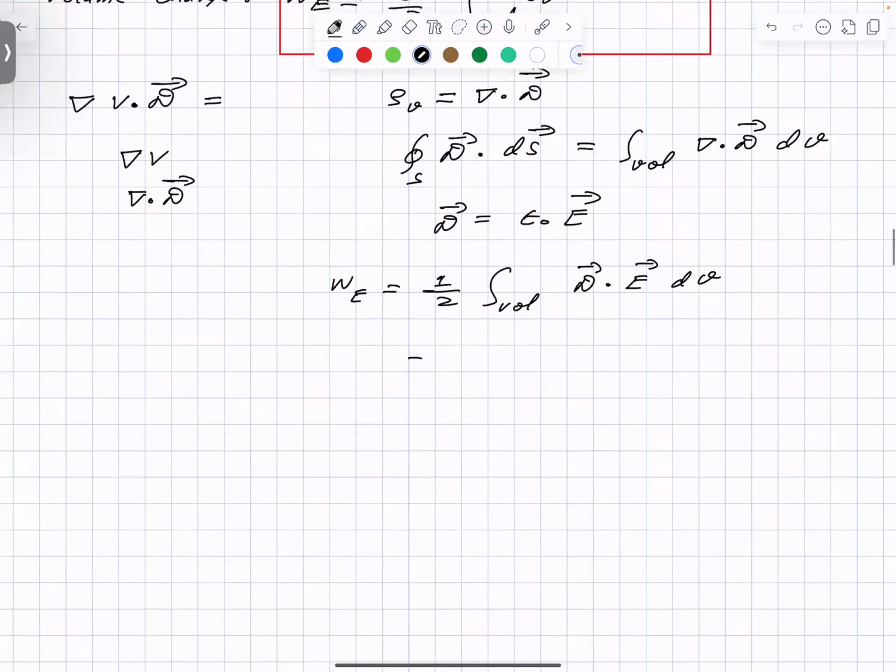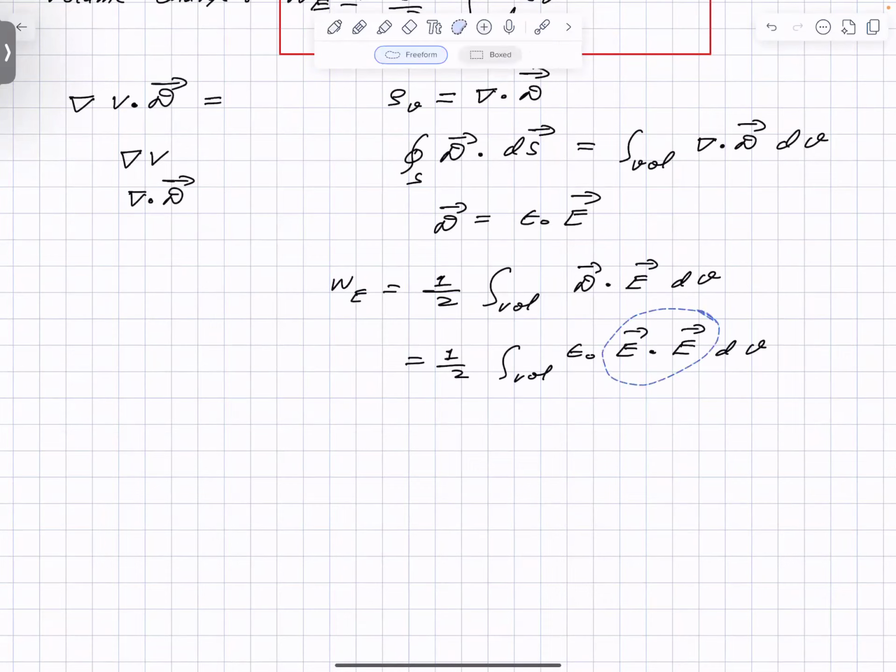Replacing D by epsilon naught E, we can write it in terms of the dot product of just the electric field intensity. The good thing about this alternative expression is that now we can just consider the magnitude of the electric field.